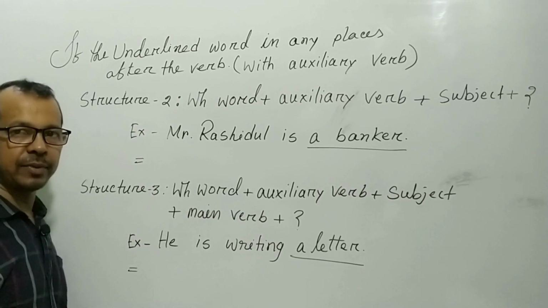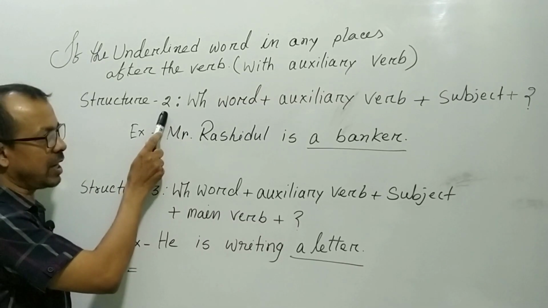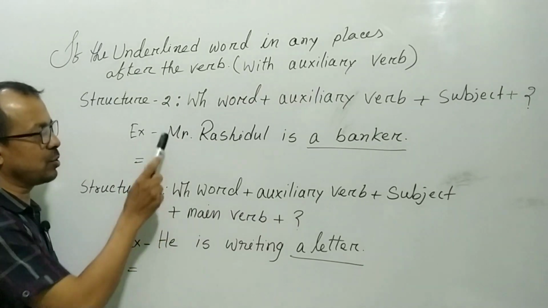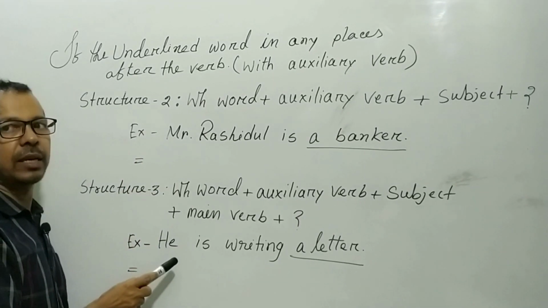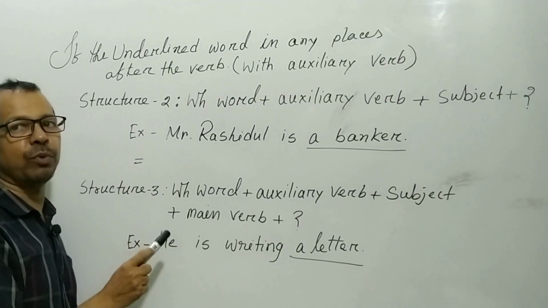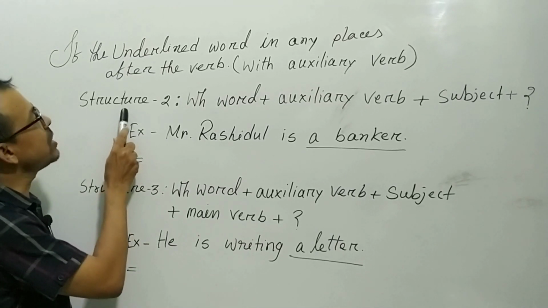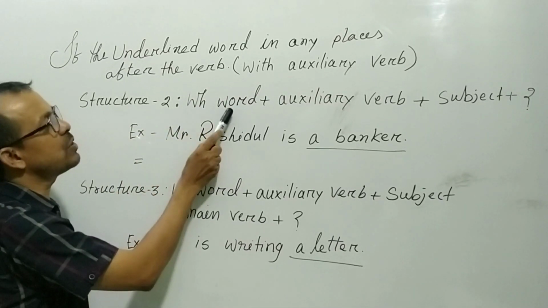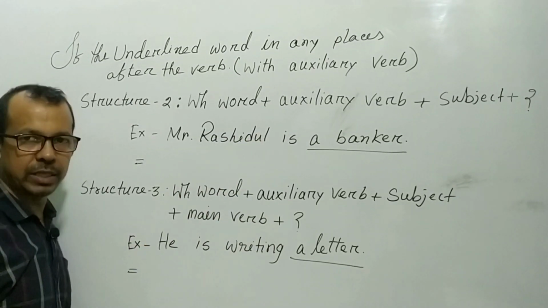If the auxiliary verb is in the sentence, then the structure will be like this. With these two structures, WH questions will be made. Here you can see structure number 2: WH word plus auxiliary verb plus subject plus question mark.